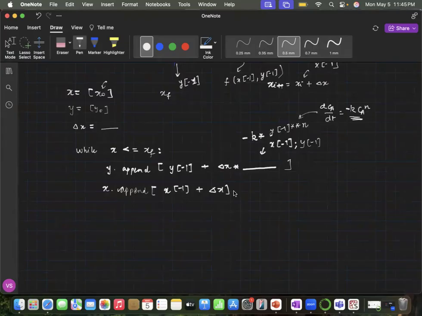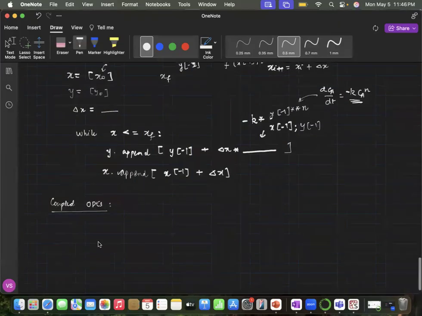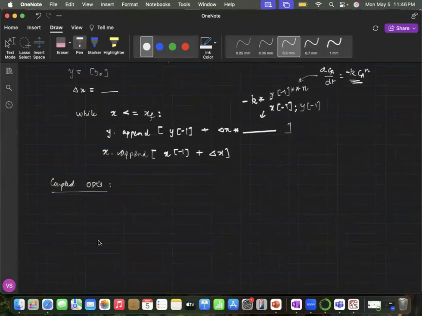But before I move ahead, I also want to talk about what are known as coupled ordinary differential equations. So coupled ODEs, and this is something that we'll very often use. So I'll talk about these. Coupled ODEs involve more than two variables.